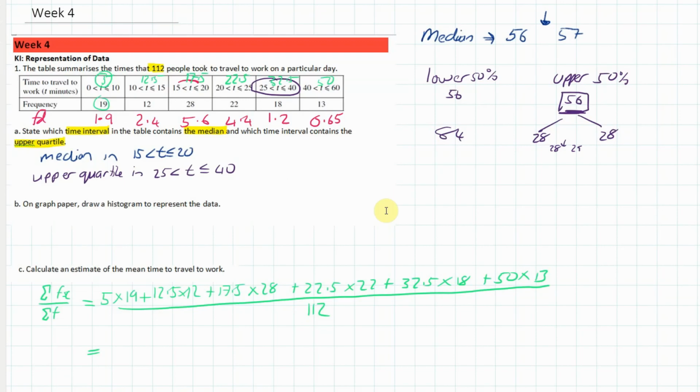We divide that by 112, and we're getting 22 point, essentially if we round it to three significant figures, 22.0 minutes.